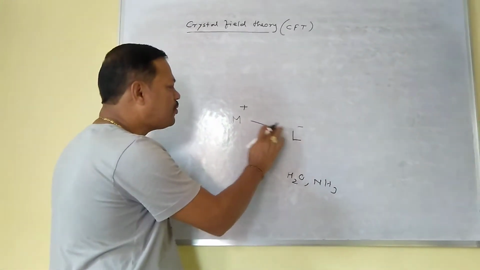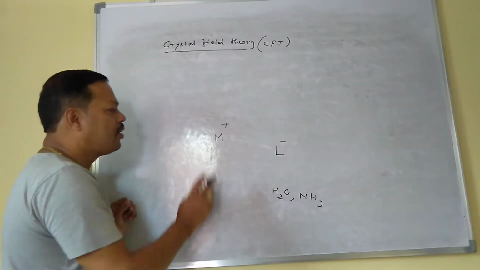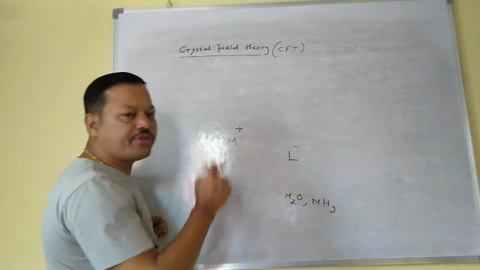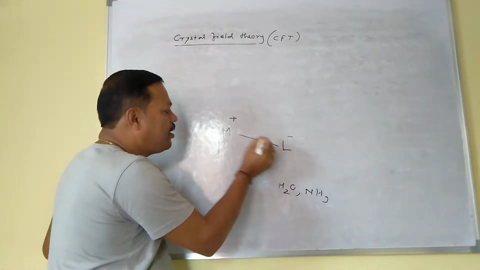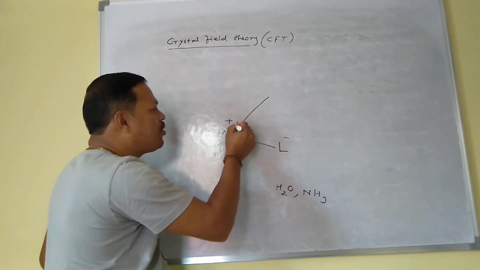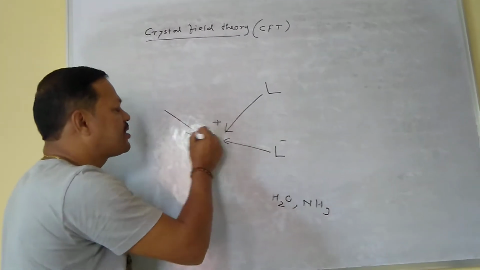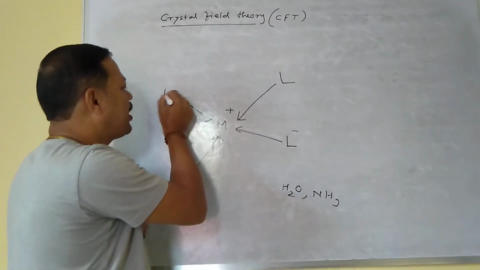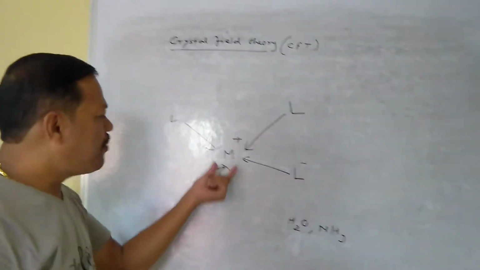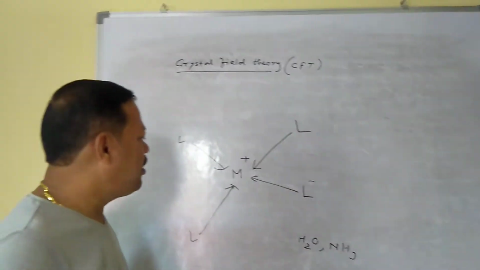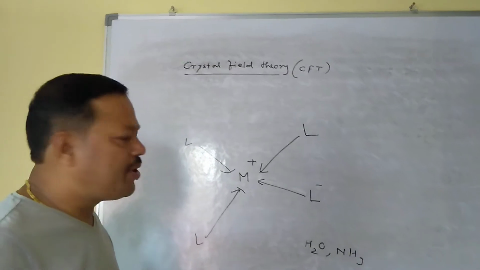Secondly, according to CFT, when the ligand comes towards the metal, the ligand always comes with a direction like this. As you know, metal contains some d orbitals. There are 5 d orbitals.